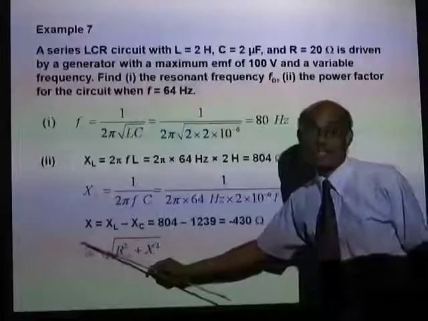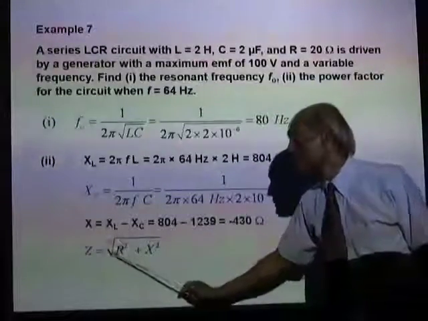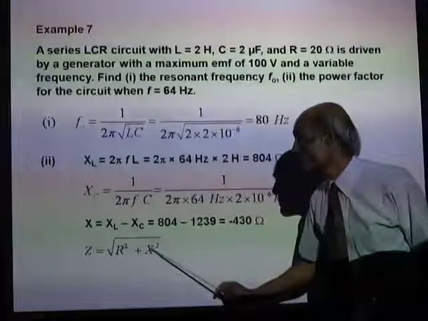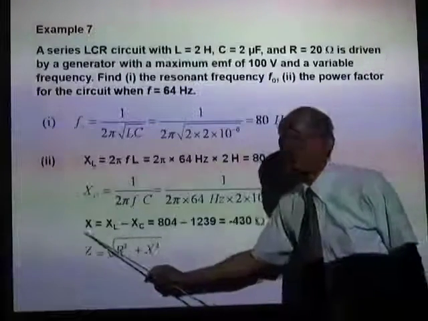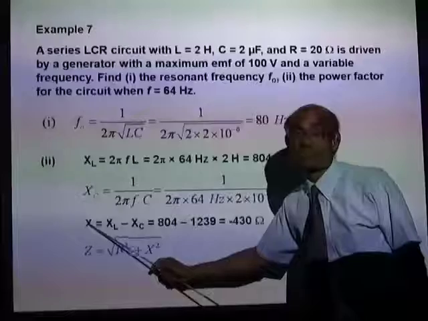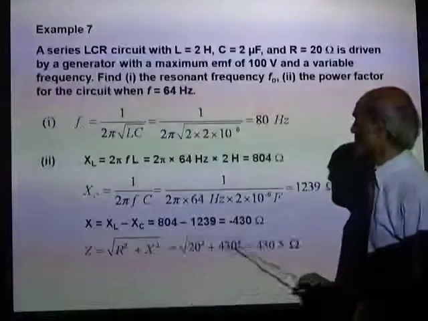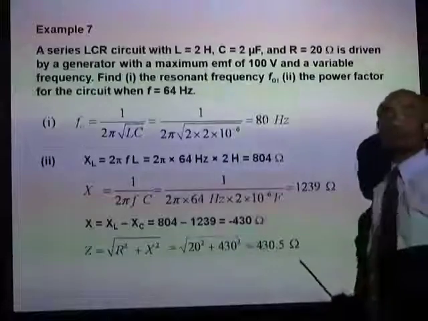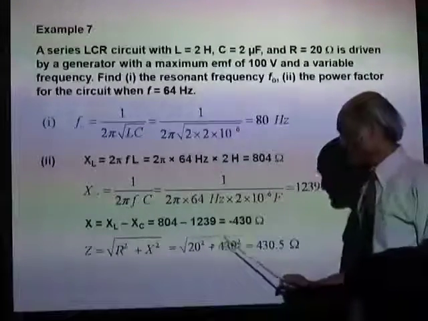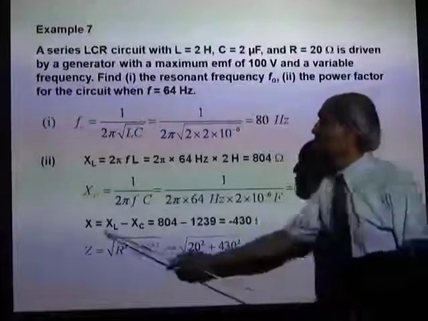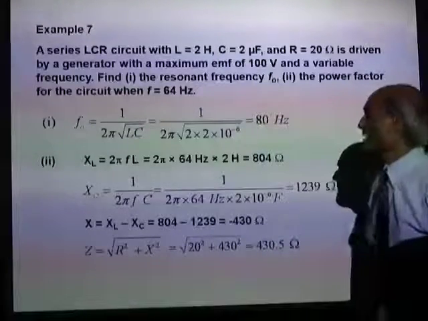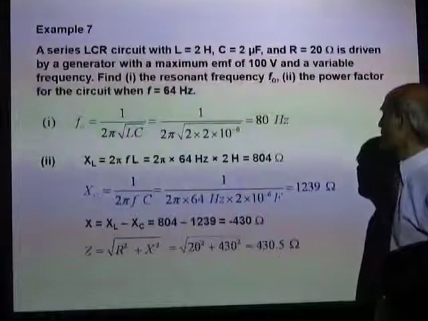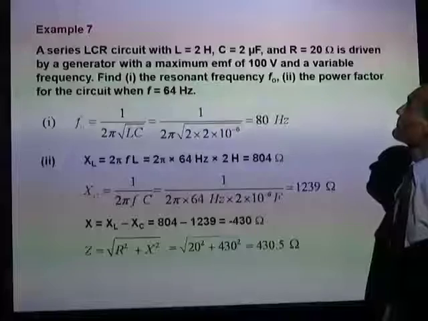What's the total impedance? Total impedance is the square root of R squared plus X squared, where X is the net reactance, and we have now calculated X. You can see that the negative value will disappear when it is squared. So the net impedance is 430.5 ohm.